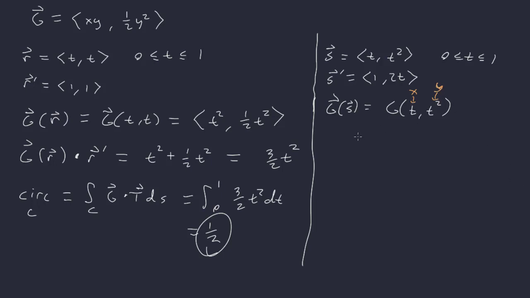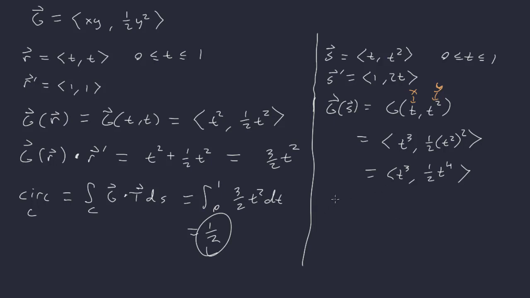Okay, so this will be the same thing in the first component. xy will be t cubed. However, in the y component, we have something different. It's 1/2 y squared. So it's going to be 1/2 t squared squared. So t cubed, comma 1/2 t to the 4th.